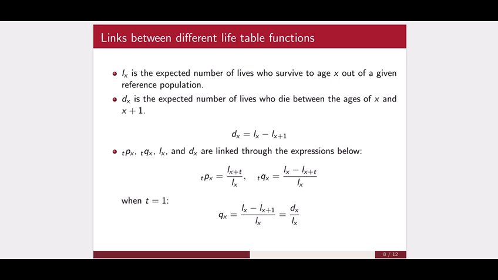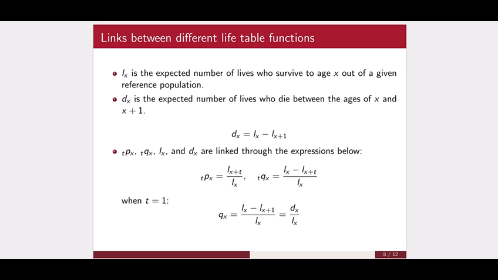For example, d20 is the expected number of lives that die between the ages of 20 and 20 plus 1. We can find dx through the lx functions. Then dx is equal to lx minus lx plus 1.